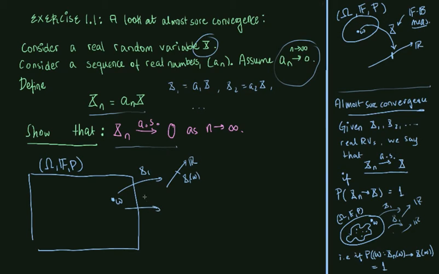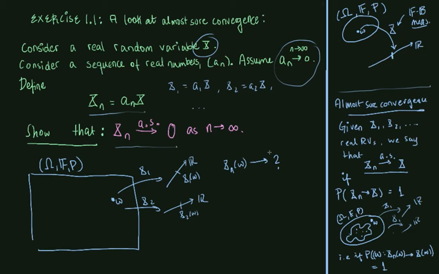It's mapped by X2 into the value X2 of omega. And we ask ourselves the question, considering X3 of omega, X4 of omega, and so on, can we then say something about how this behaves as n goes towards infinity? Does it converge towards something or doesn't it?